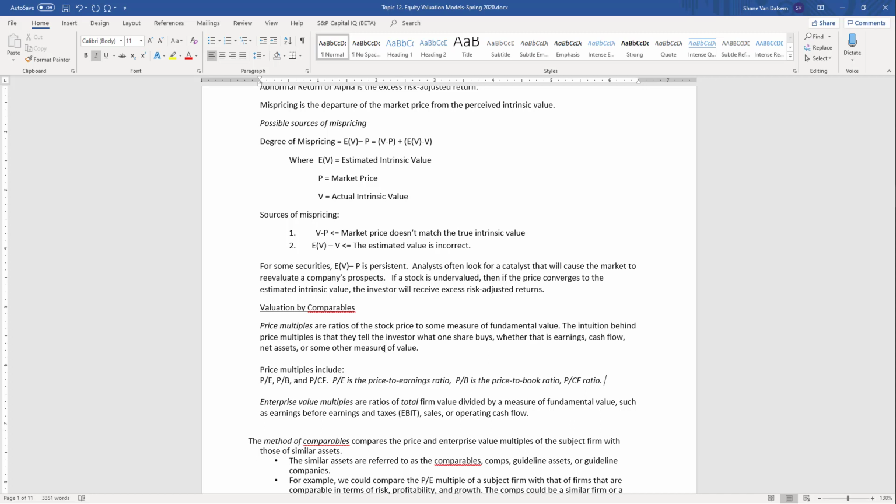So, for example, I've used this to value cable companies in the past, where I've taken the enterprise value of the company, which is its market capitalization plus its interest-bearing debts. I've divided that by the number of subscribers that they have, to assign a value to the average cable subscriber.